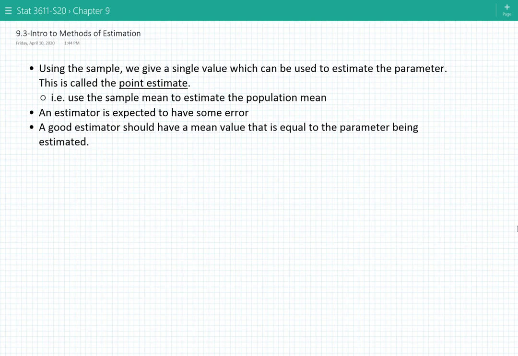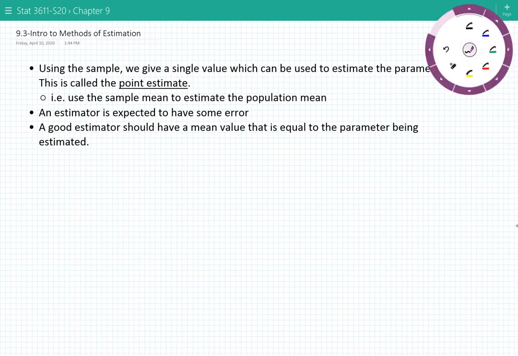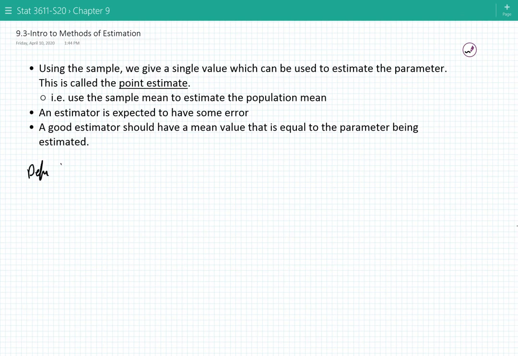Or are all of those okay, right? Well, a good estimator should have a mean value that's equal to the parameter being estimated in a theoretical sense. The expected value of your point estimate should be equal to the parameter, okay? And I'll briefly illustrate this shortly, but let's write out our first definition here.